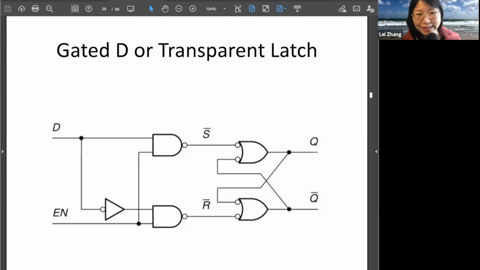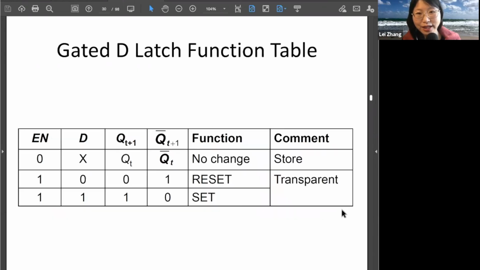Okay, so this is our gated D circuit. And the gated D function table, we have set and reset. When enable is 0, that is when the gated D latch is disabled. It doesn't matter what the input is, D is a don't care, the output will remain the same.